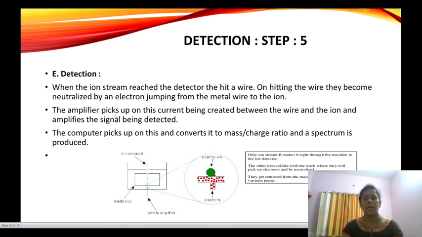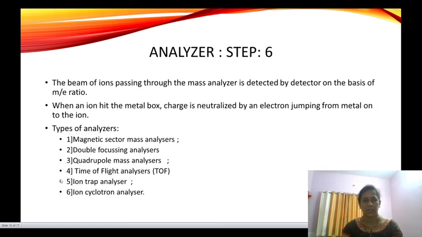The amplifier picks up the current being created between the wire and the ion and amplifies the signal being detected. The computer picks this up and converts it into mass to charge ratio, and thus the spectrum is produced. I have shown you here how detection takes place.